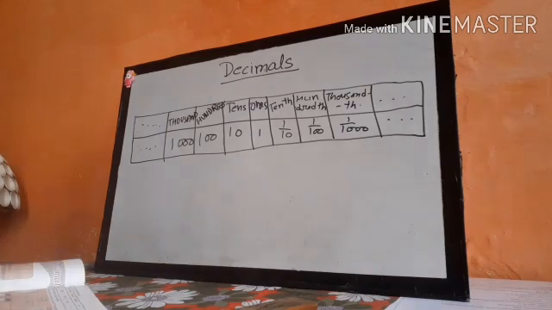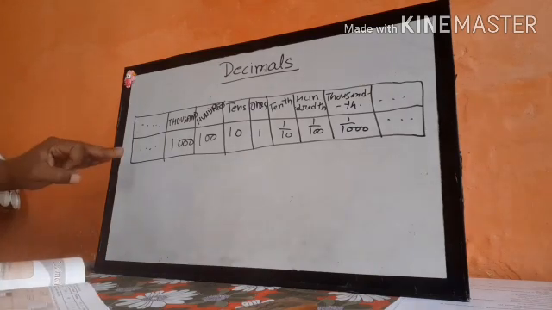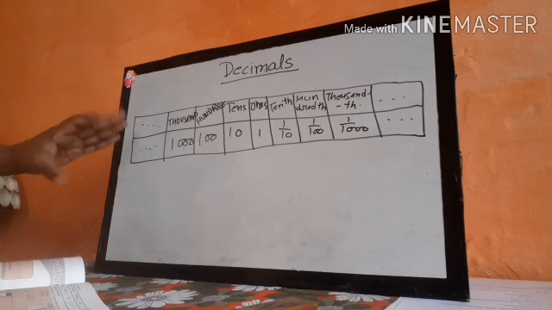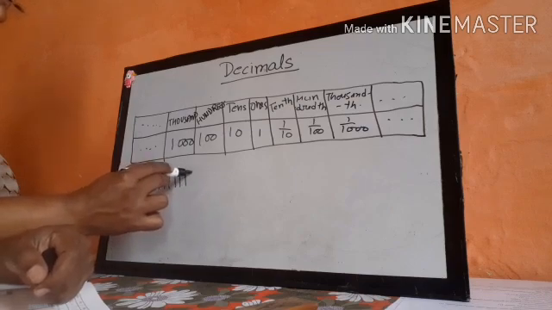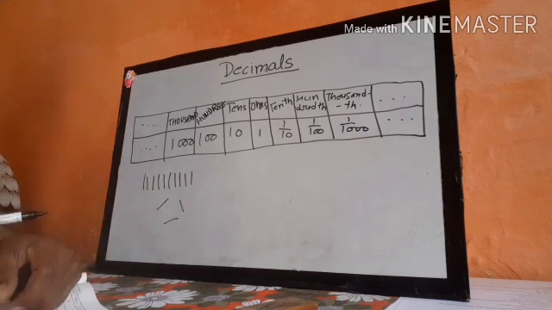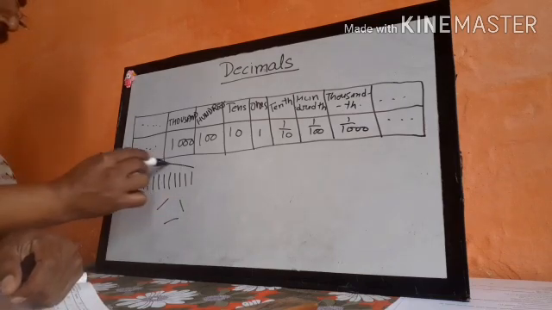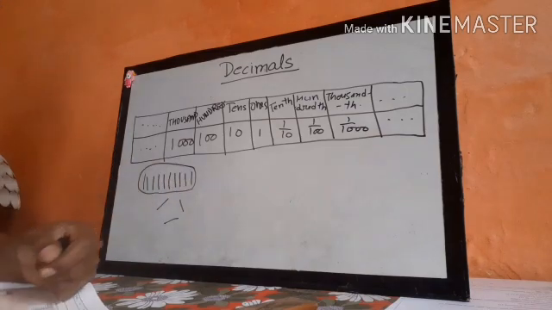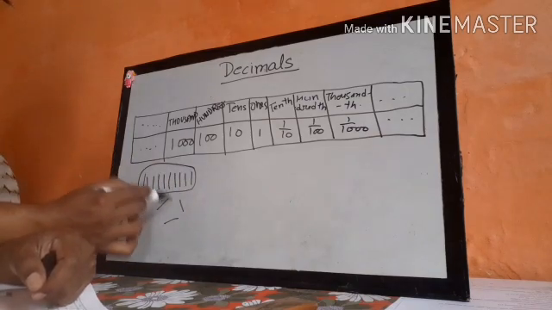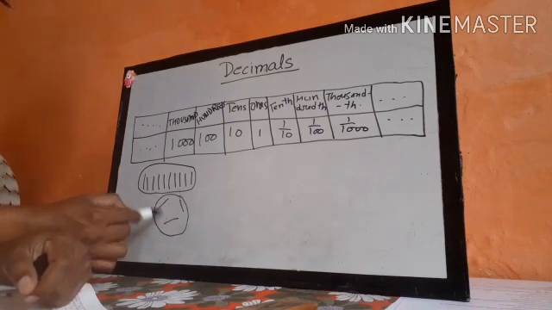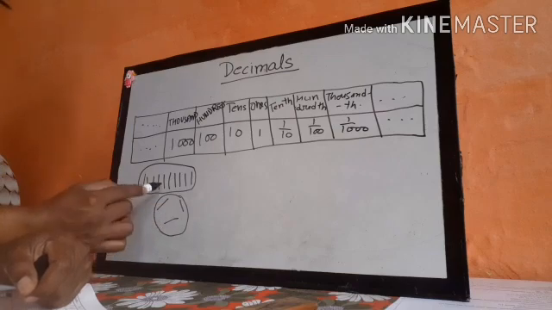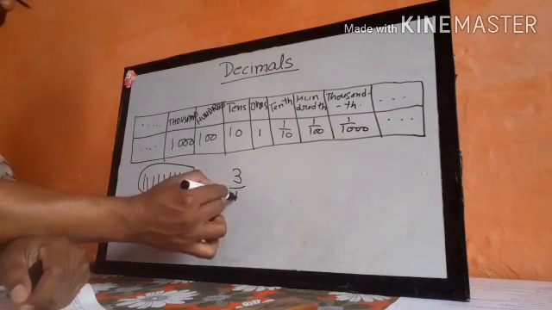Suppose I have a bundle of 10 matchsticks and 3 more matchsticks. So a bundle of 10, and 1, 2, 3, 3 more. If we take this 10 as a whole, it becomes 1, and since we are taking 3 out of 10, it becomes 3 upon 10.